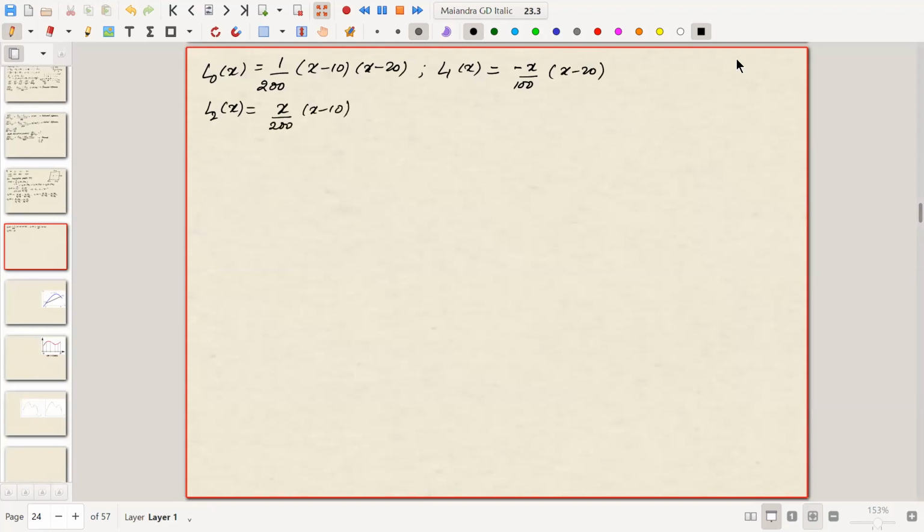Now, the temperature profile, which is T of x, is the summation of Li of x into Fi, right?